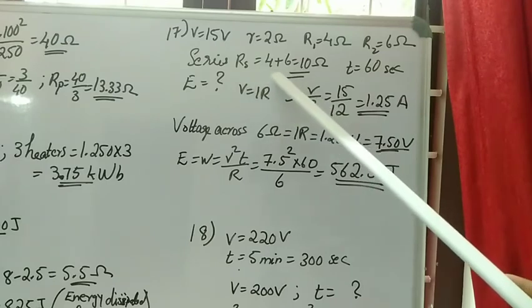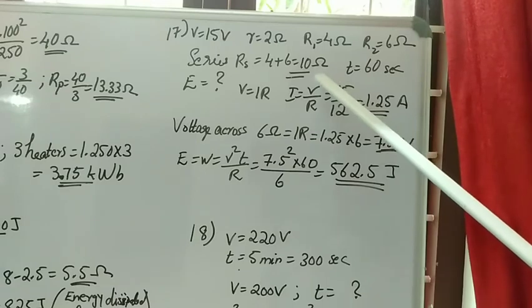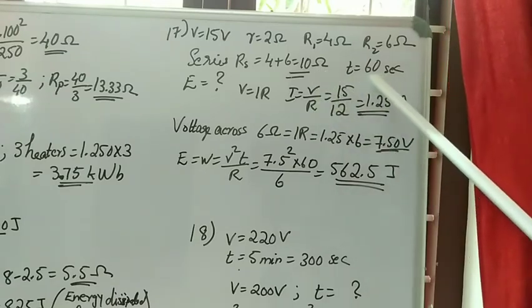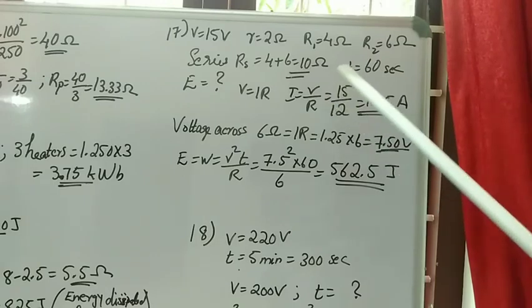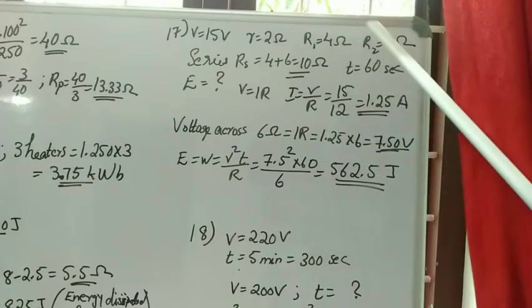Series means we just add the resistances, 4 plus 6, that is 10 ohm. Find the electrical energy spent per minute in 6 ohm resistor. Per minute means 1 minute, that means 60 seconds. So we have to find the electrical energy consumed only in the 6 ohm resistor.